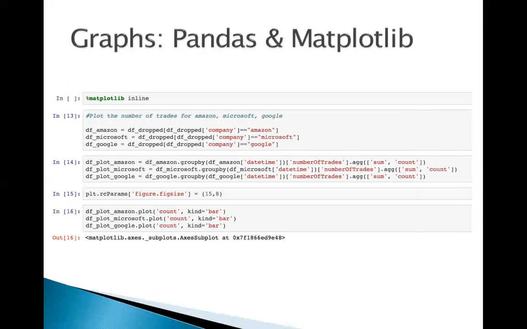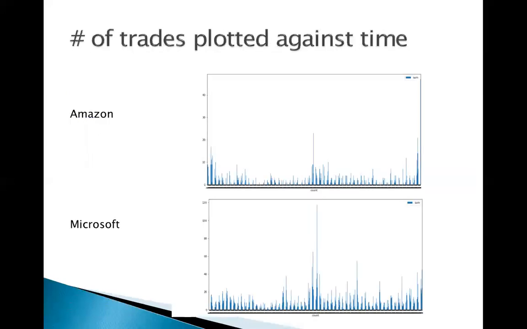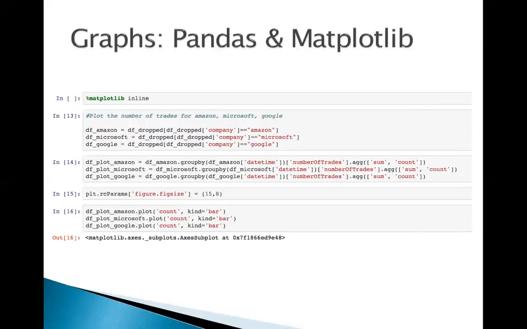Now we are trying to plot some graphs for the number of trades for Amazon, Microsoft, and Google. You can see here we used matplotlib for our visualization. We wrote the queries for the number of trades for Amazon.